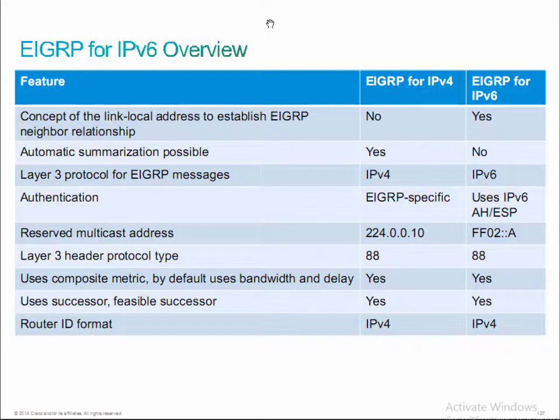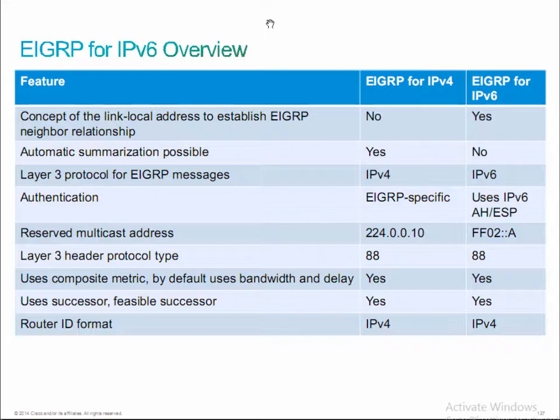The multicast address, 224.0.0.10 or FF02::A, we had talked about previously. We also talked about the fact that EIGRP is encapsulated directly inside of IP. There is no transport layer function, so it's protocol number 88 in both cases.